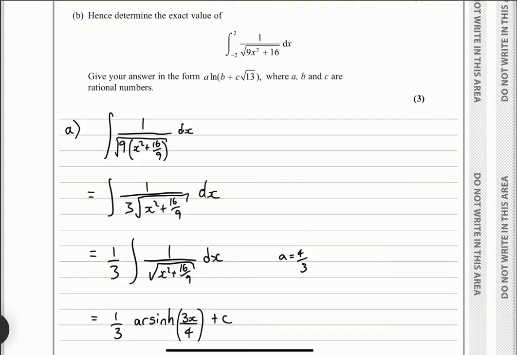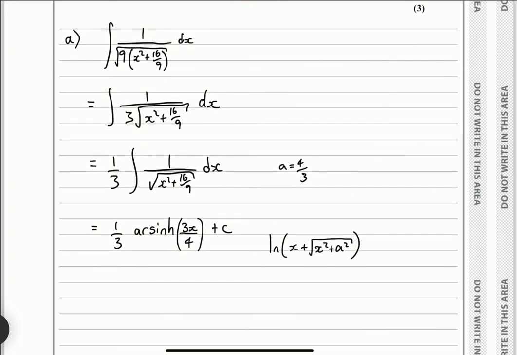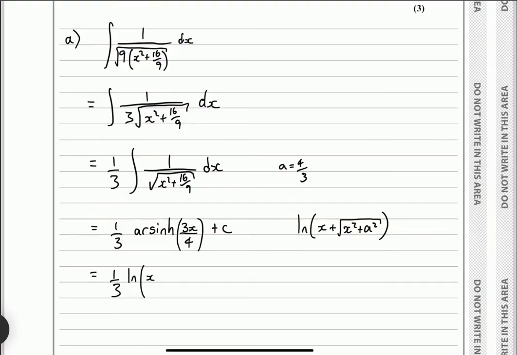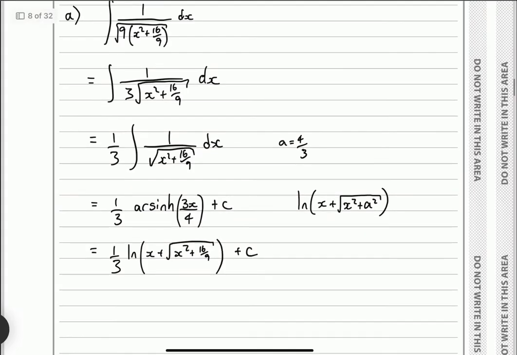So again, I've just had a quick look at the formula booklet, and here is the alternative version of that, but I'll have to change it slightly because a is 4 over 3. So let me put that in. But x plus the square root of x squared plus a squared, 16 over 9. So there's the logarithmic version of the same thing.